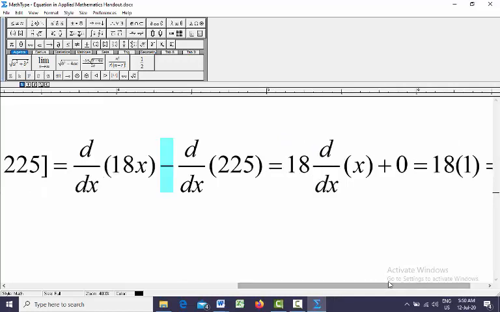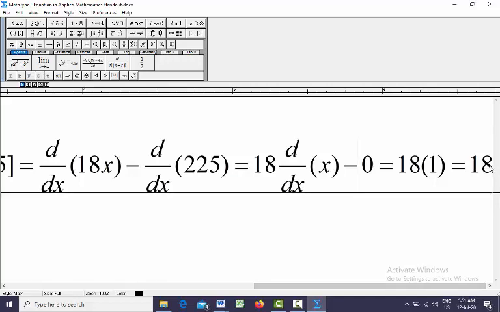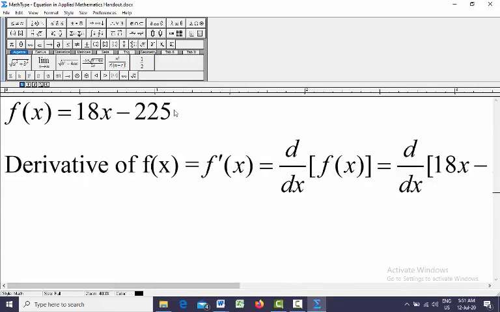So here we will have a minus then. In that case, you can see the answer is still the same, because here you do not have any variable, you do not have any x there.